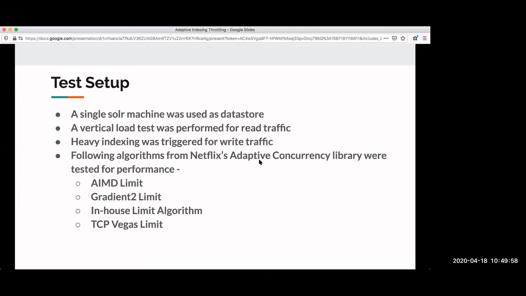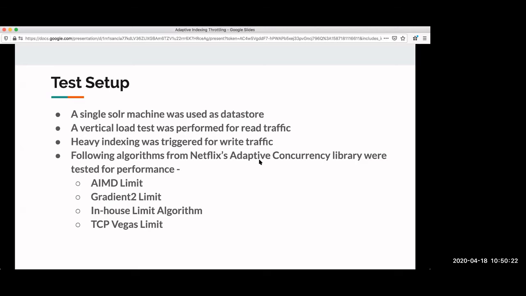One is that it looks at response times and other parameters and gauges the health or the load on the system. This is exactly what we needed for our data stores. The other component is that on the basis of that health, that load, it comes up with a limit. That is the second part of the puzzle we needed.